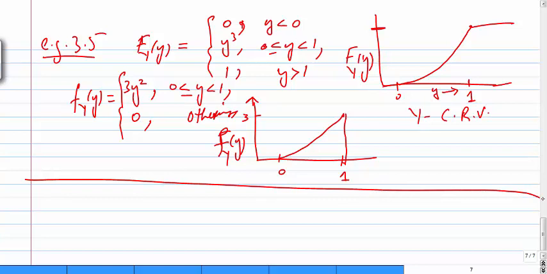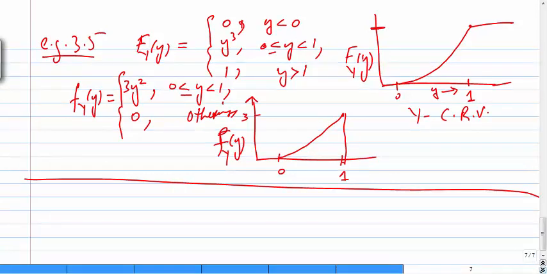Now before we move further, let's do a quiz, and then we discuss the expected value.